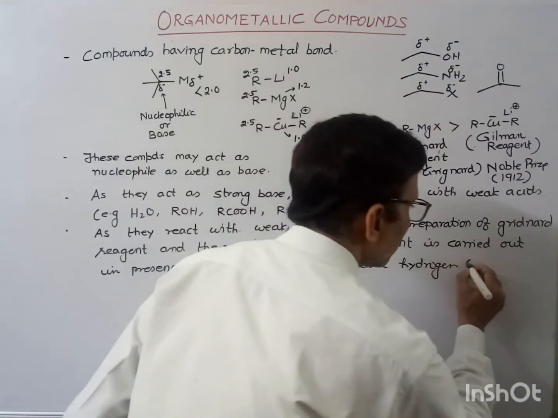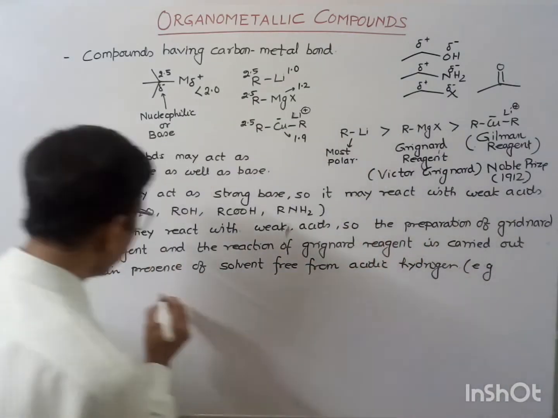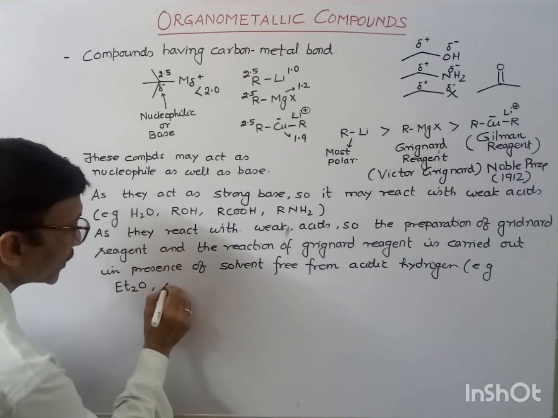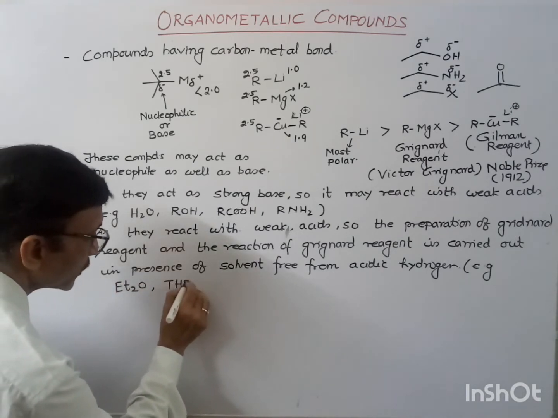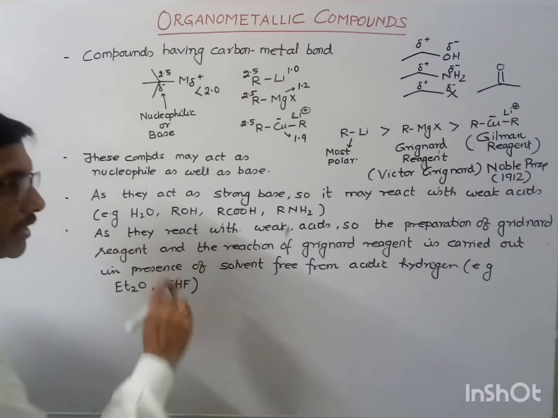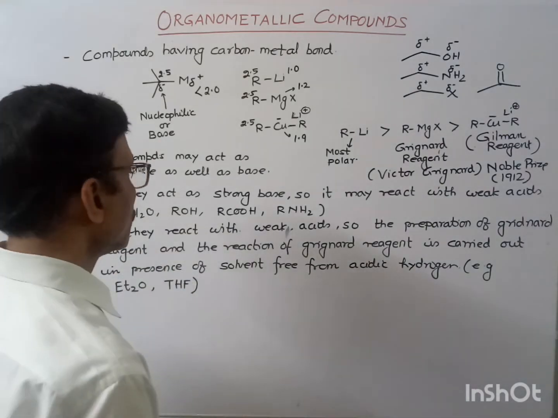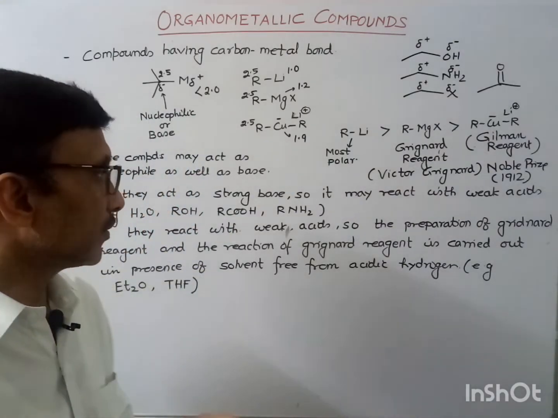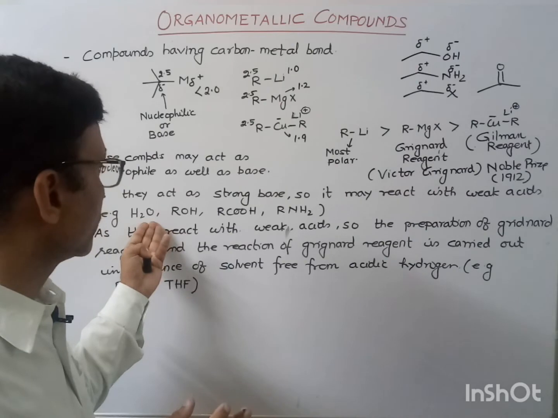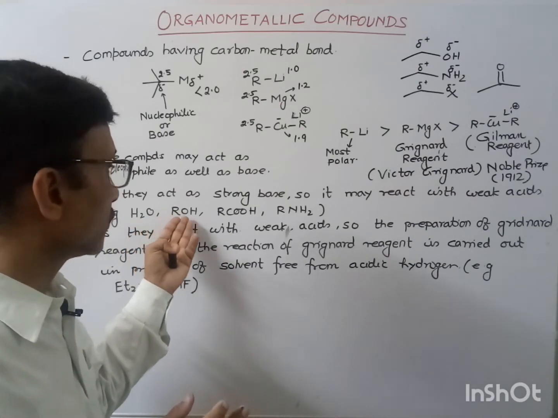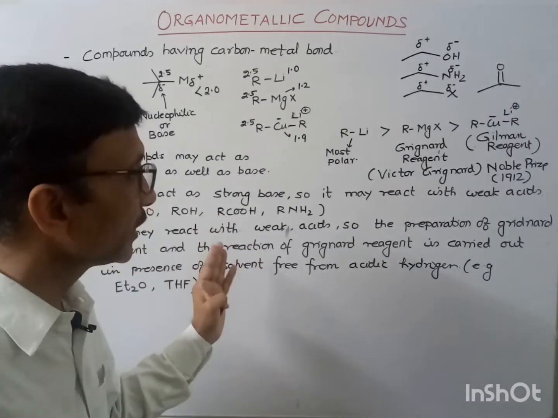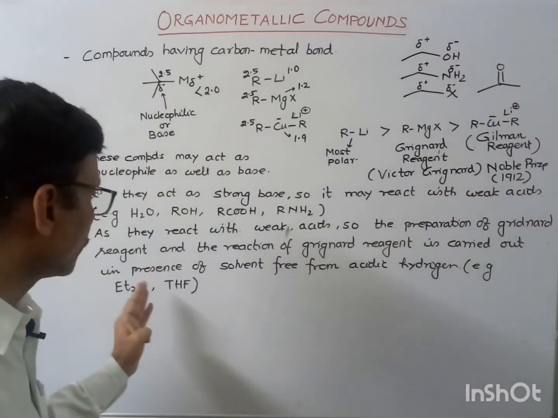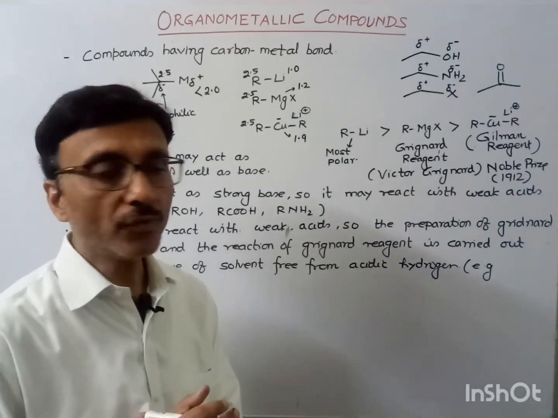Or the reaction is carried out in the presence of tetrahydrofuran. The Grignard reagent will always react with water, alcohol or acid. That's why its reactions are always carried out in the presence of ether or tetrahydrofuran.